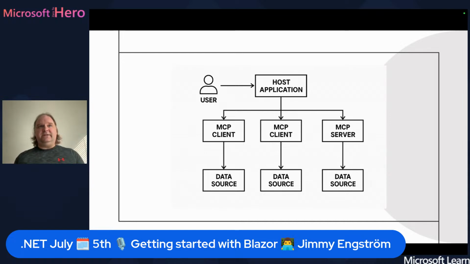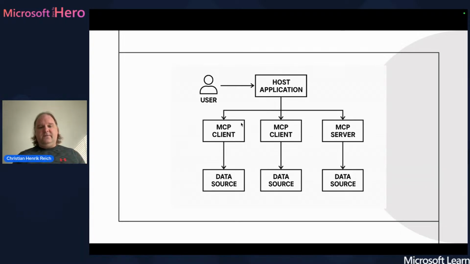A host application can be Visual Studio Code, for example. We now have a protocol, MCP, which stands for Model Context Protocol. I think these will push out the plans Microsoft actually had around these data agents. This has moved on very fast. My best guess is that if I'm having this session again within two months, this part around the AI agents will have changed again. If anybody has built something on this, very exciting times, I'll say.